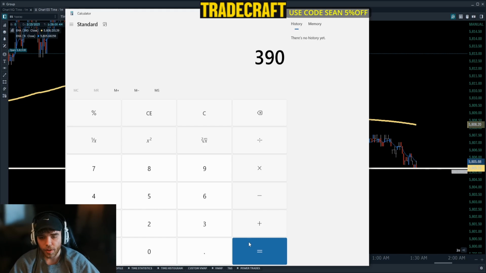There are probably a lot of algos attached to this moving average. A lot of people are probably looking at monthly volume profiles or market profiles, so this monthly moving average is going to be pretty important.